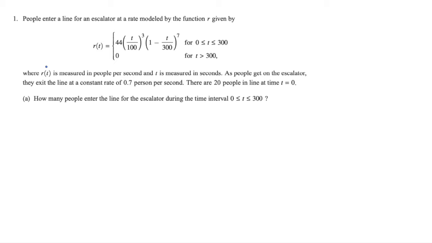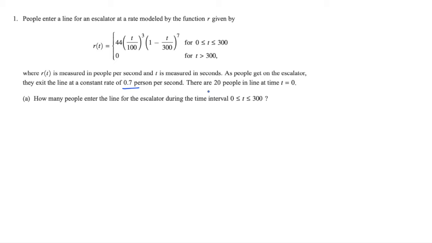As people get on the escalator, they exit the line at a constant rate of 0.7 person per second. So this is a constant rate, at all times. And also we know the initial condition, which is that there are 20 people in line at time t equals 0. So when we start, we already have 20 people.